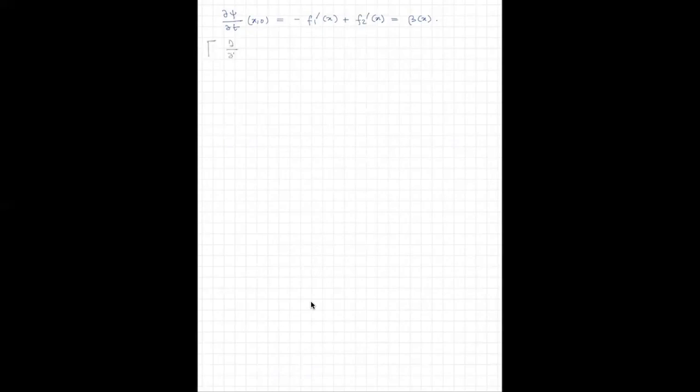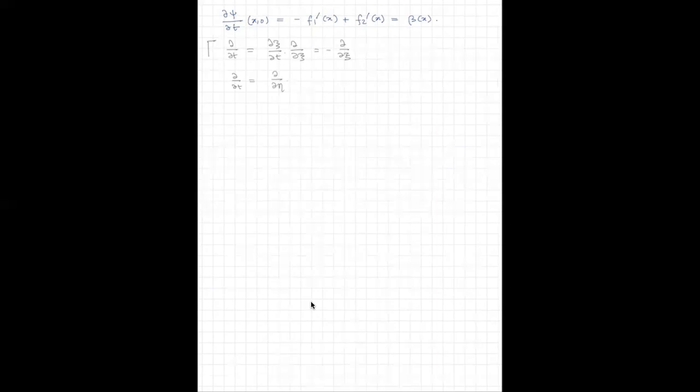So del t is del xi del t into del xi plus del eta del t into del eta.